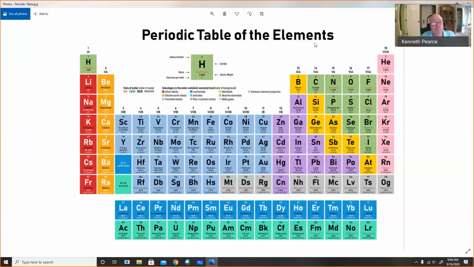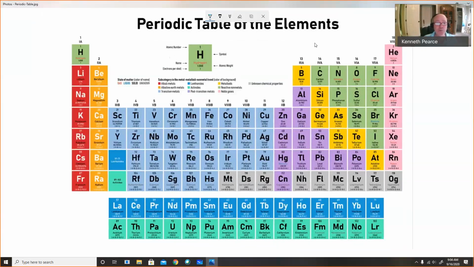And it turns out the patterns depend upon the group. A group being a column up and down, that's a group. And so group 1, 1A, well, they are always plus 1. And group 2 is always plus 2.